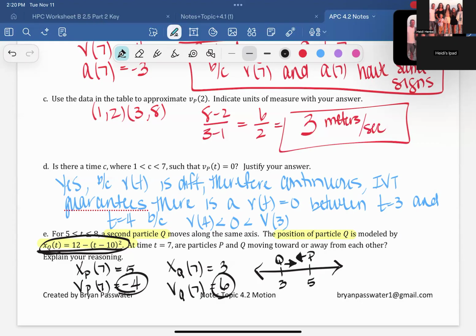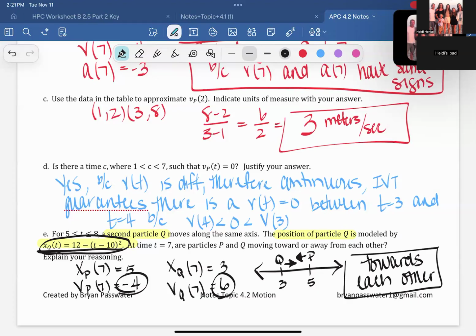So are these moving toward each other or away from each other? They are moving towards each other. Your explanation would be: Q is at 3 moving right, P is at 5 moving left, therefore they're moving towards each other.